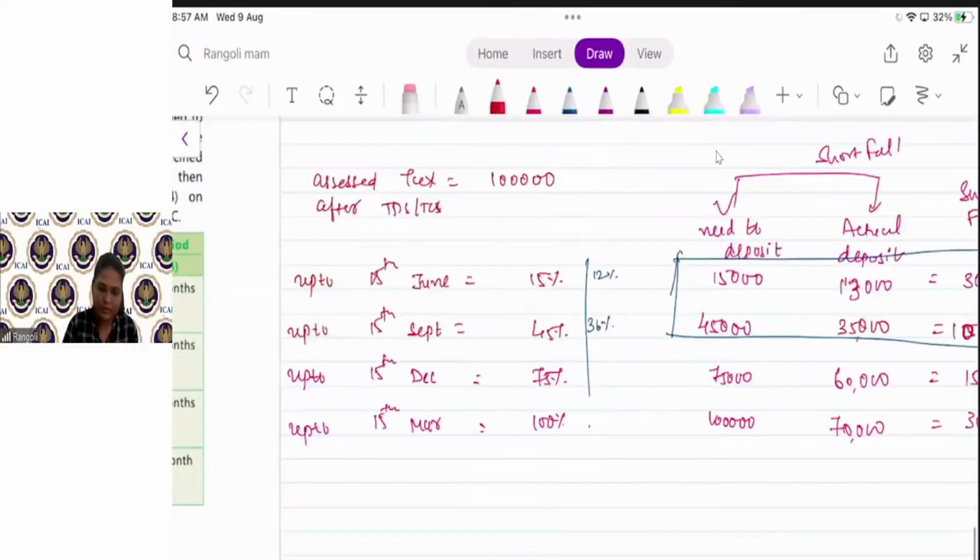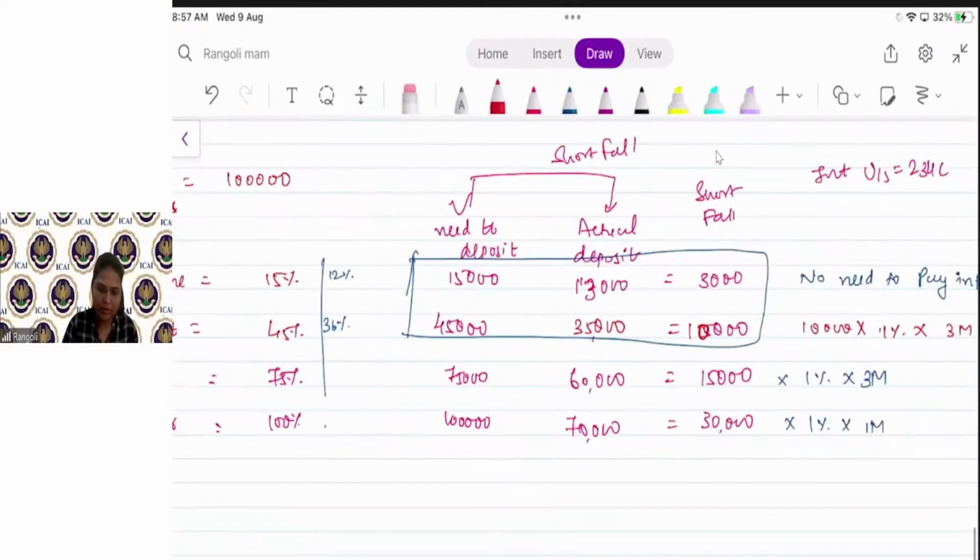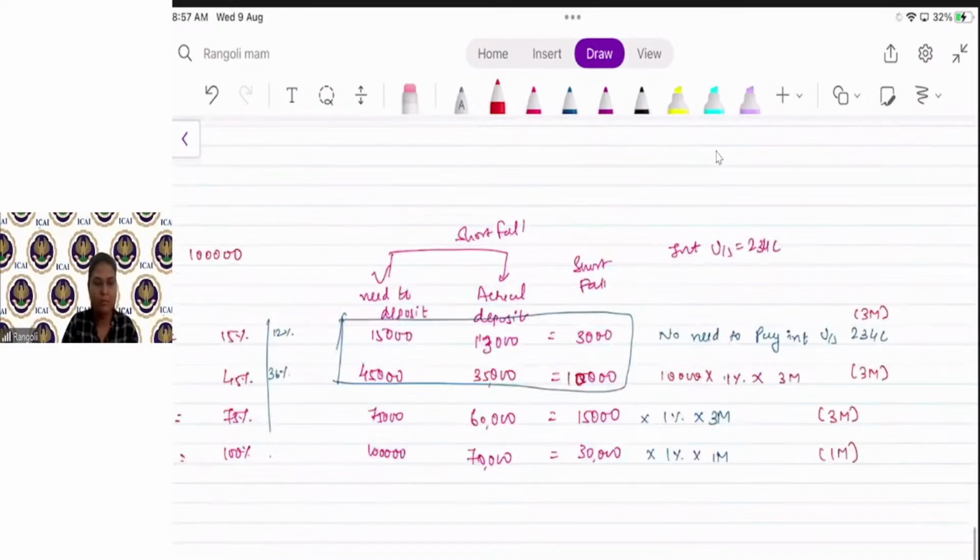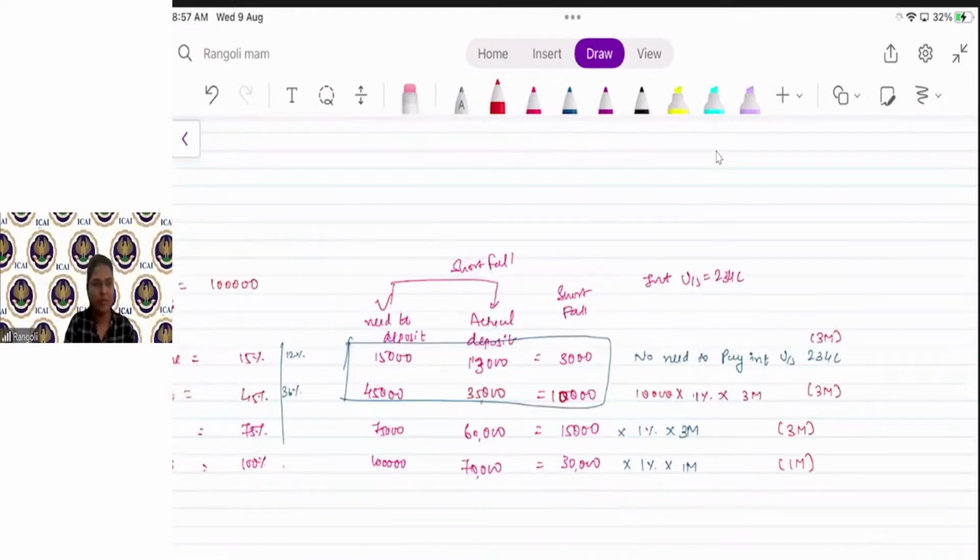Yeah, in case of the first quarter, if there is a shortfall, then 1% interest per month for 3 months. But here for the first quarter, you need to check if the 15% is not paid, then you need to check if 12% is paid, yes or no. If 12% of tax due is paid, then no interest is leviable.